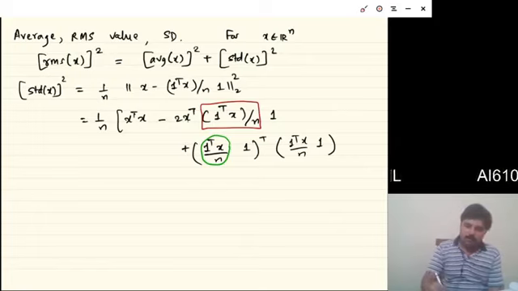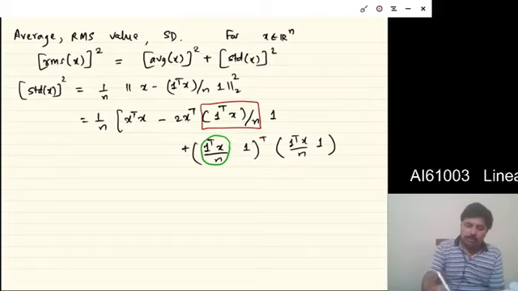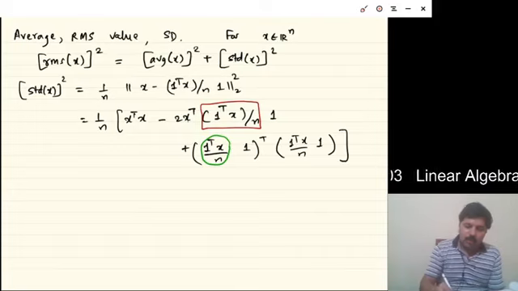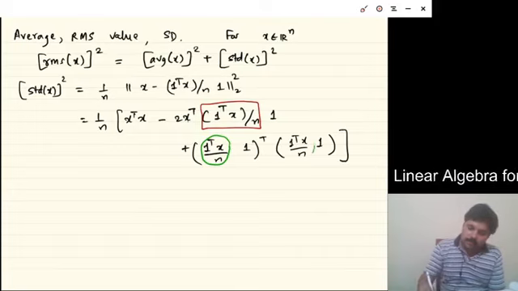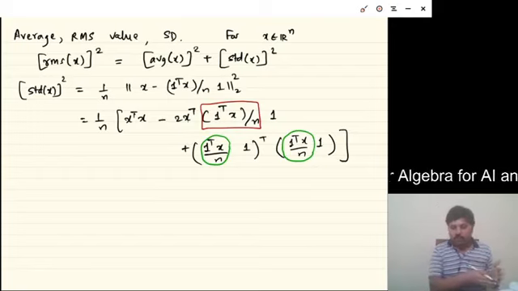Same story with this particular scalar. I am using the property that inner product is associative, so it doesn't matter in what order I do the inner product. These scalars accompanying the vectors, I can pull out into the bracket.